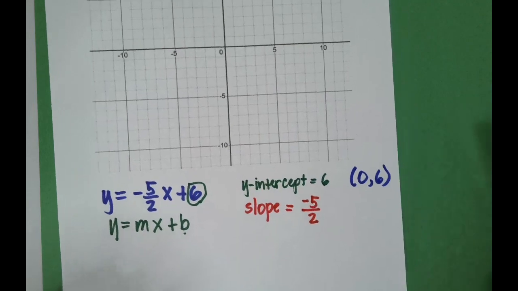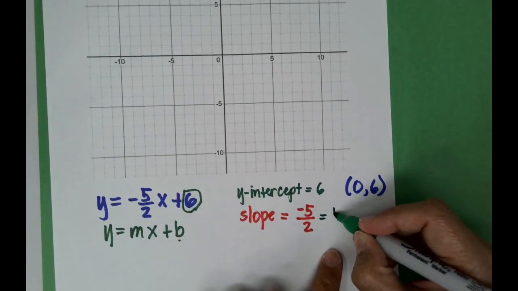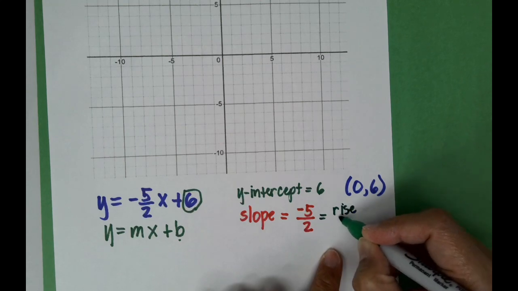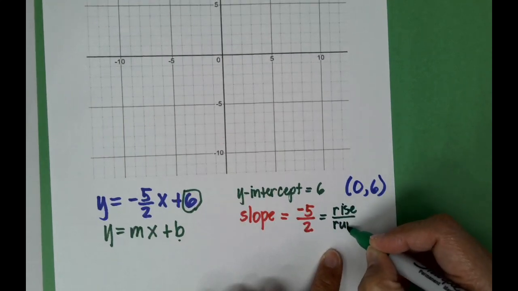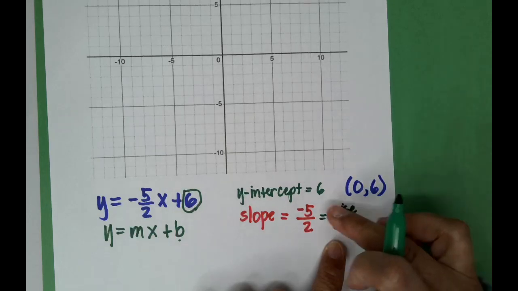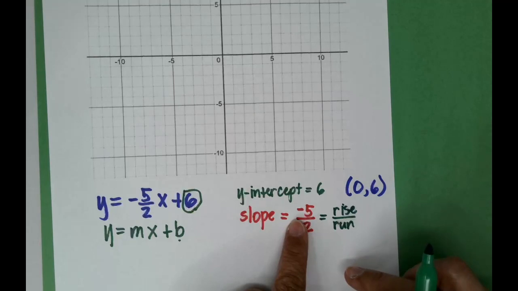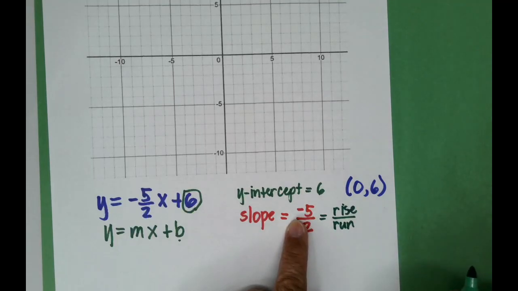Now, how do we use the slope in finding points on the line? Remember that the slope is rise over run. Rise is the vertical distance, the run is the horizontal distance. You also have to find out the direction.